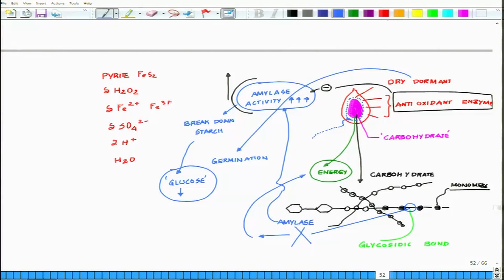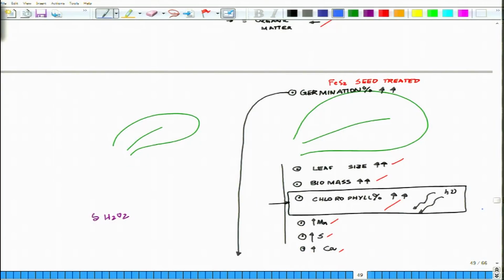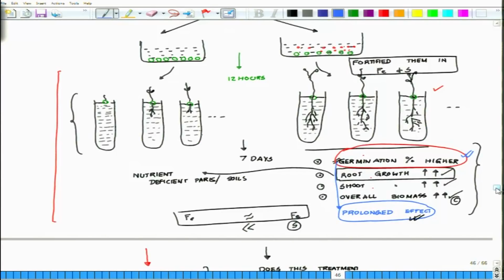Then, what makes the presence of pyrite so very important? If you look at it here, chlorophyll and of course the germination percentage, how pyrite is playing a role in germination. Look, previously also, the same thing, germination percentage.